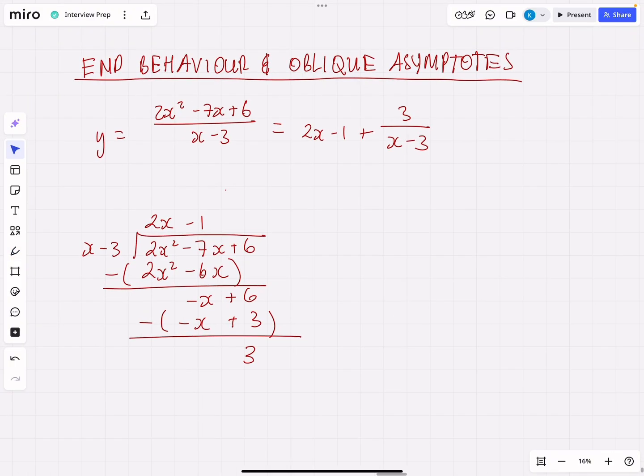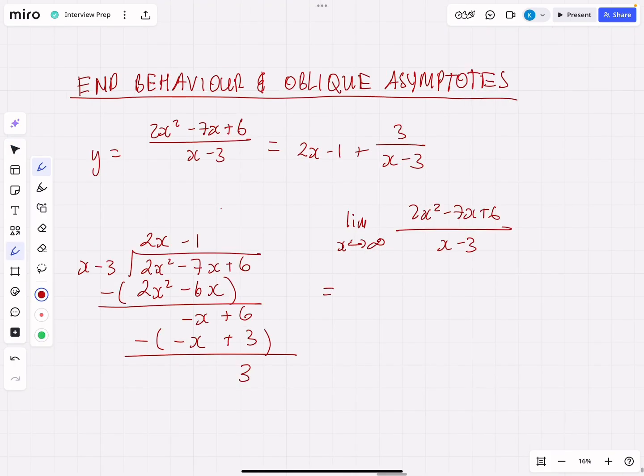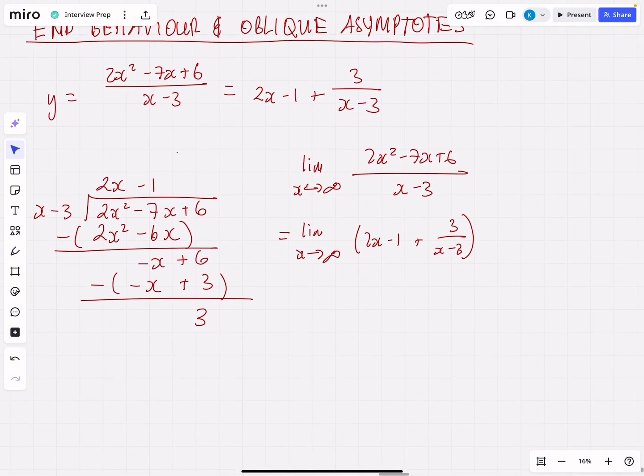Now this is very important, because if we consider the limit as x tends to positive infinity of 2x squared minus 7x plus 6 all over x minus 3, that is equal to the limit as x tends to infinity of 2x minus 1 plus 3 over x minus 3, right? Now this is going to tend to positive infinity. Why is that?